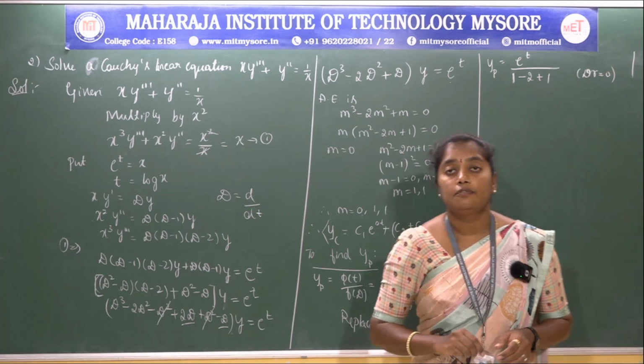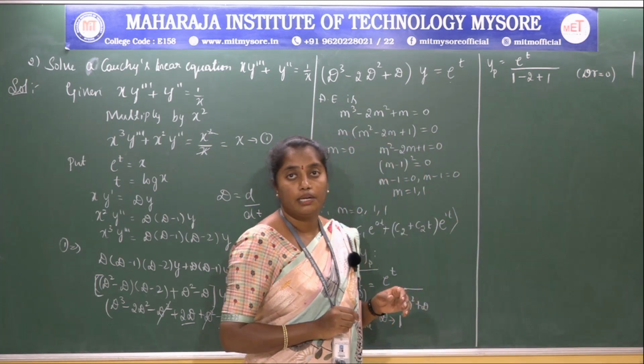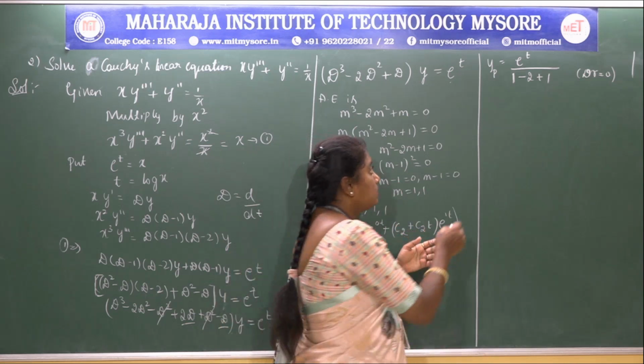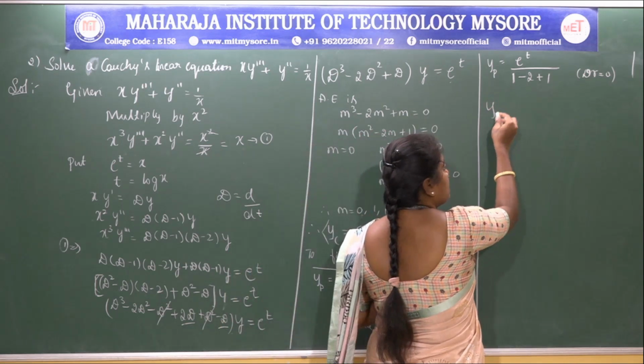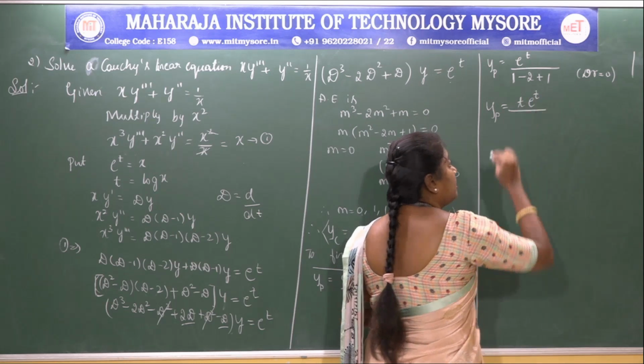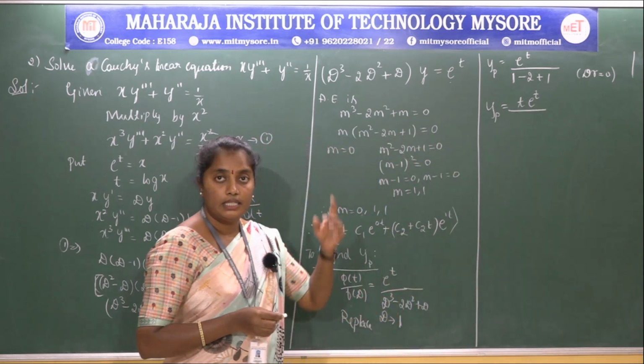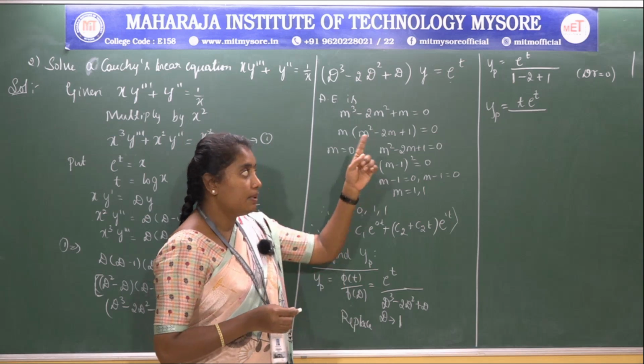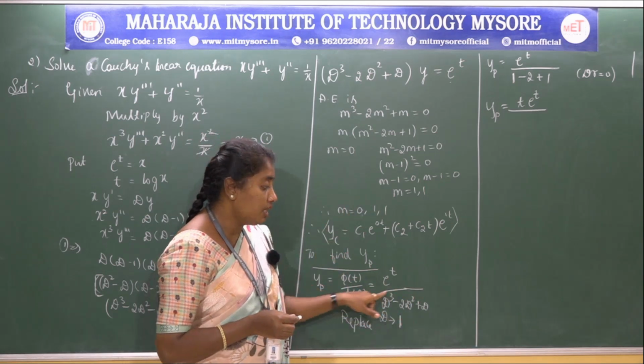If the denominator value is 0 in the particular integral, we have to continue further. That is, yp is equal to, we multiply the independent variable t to the numerator and differentiate the denominator.